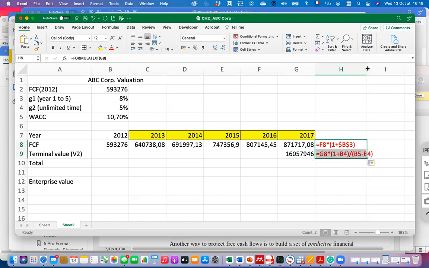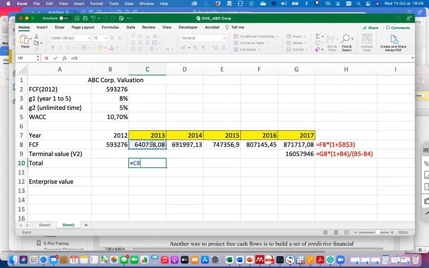Always be careful. So it is equal to the final cash flow times 1 plus the growth rate. Now total cash flows is equal to the free cash flow plus the terminal value, which is 0 for the first year, and so on. Then scroll it down, scroll it to the right-hand side, sorry.